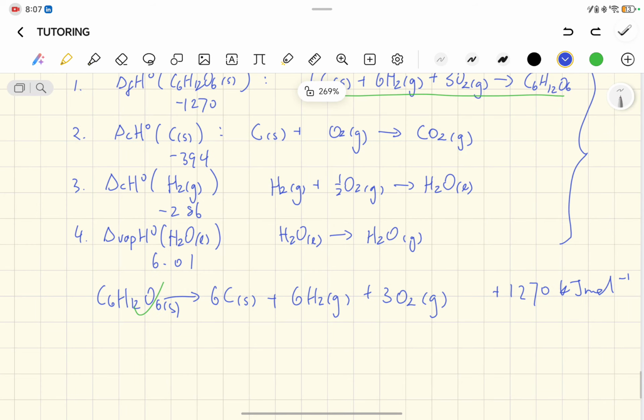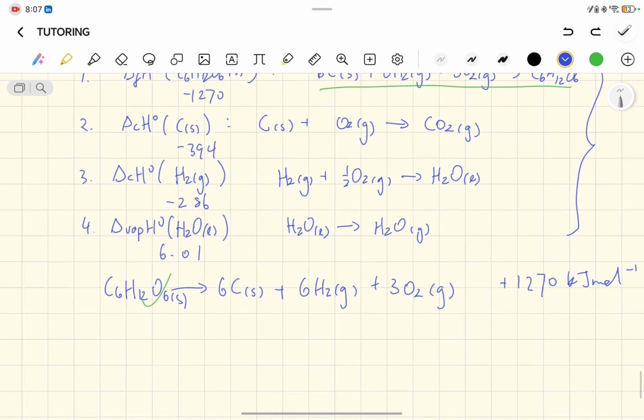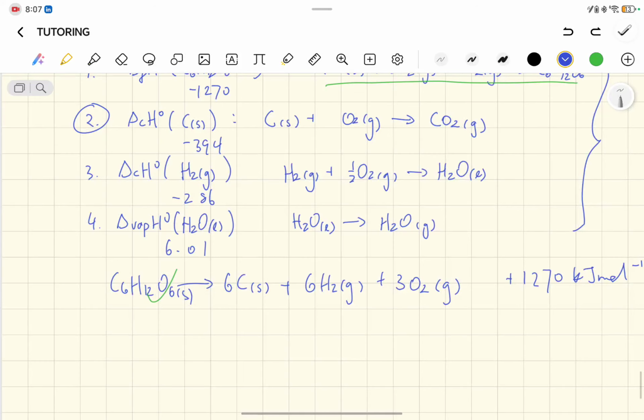Let's try to remove the solid carbon first. I would use reaction 2 because that has solid carbon on the reactant side. So we're going to add on 2, which is carbon solid plus O2 gas, which goes to CO2 gas.